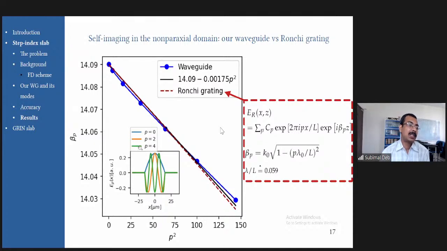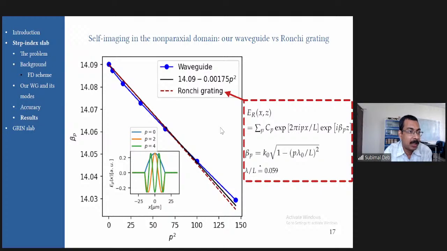For the case of a paraxial input, both the red and the blue curves, that is beta p versus p squared for the waveguide and the Ronchi grating, should coincide with the black line, or rather they should become two straight lines.